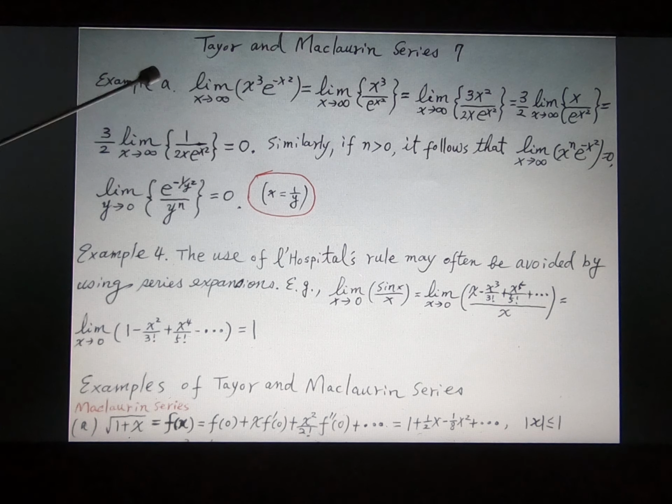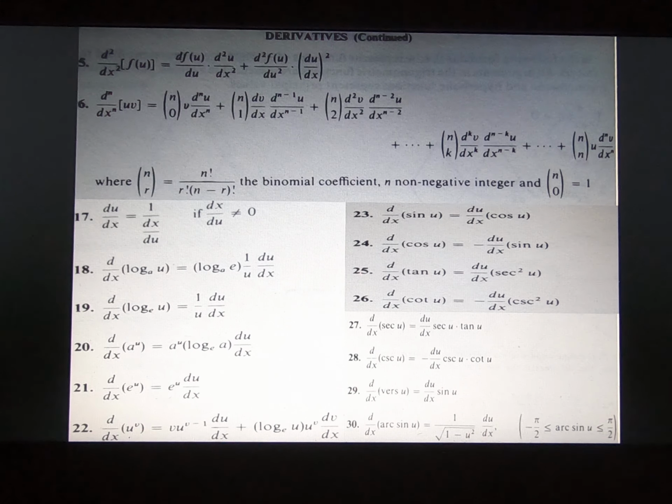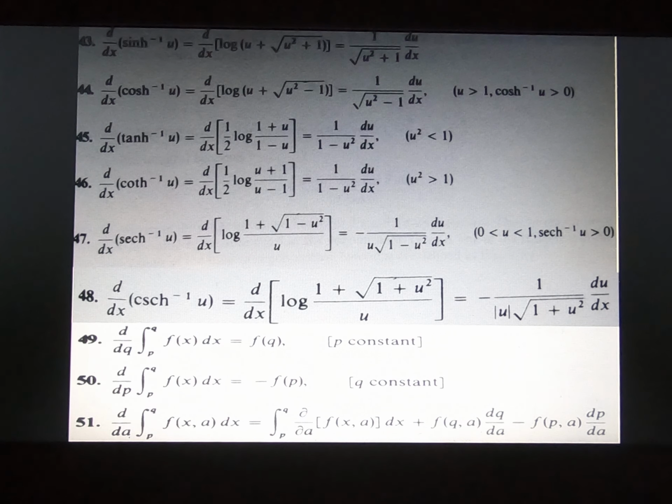And some other examples. And some other examples. This is some of the differentiation of functions. So for your information, differentiate up to second order, differential integral.